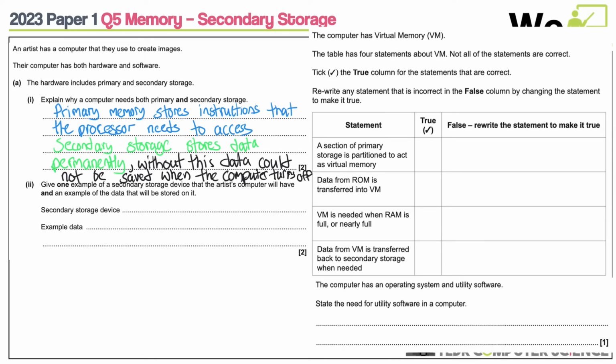We had magnetic storage, so typically a magnetic hard drive, which can store lots of data, very large capacity, fairly cheap per megabyte anyway, but it's got moving parts, so not very portable. It could easily break if you shook it around. And then you've got solid state storage, which has got no moving parts, so great.